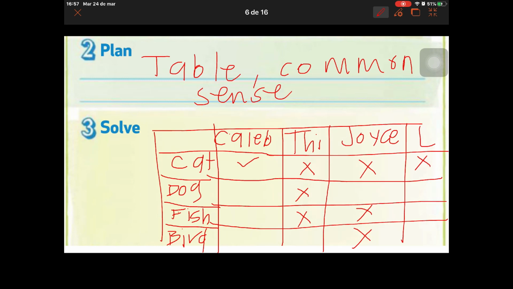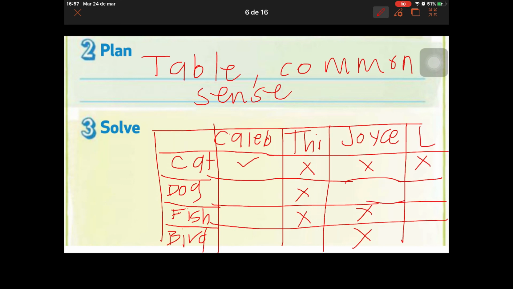Each person has one animal of each kind. So Caleb has a cat, so nobody else has a cat. Ty doesn't have a cat, Joyce doesn't have a cat, and Lavanda doesn't have a cat. Okay, sorry, I got mistaken over there.